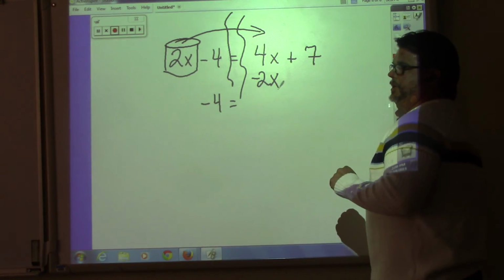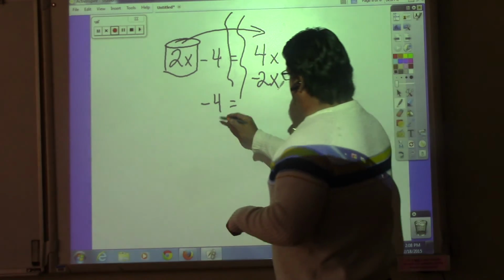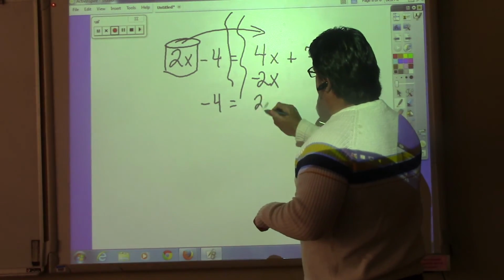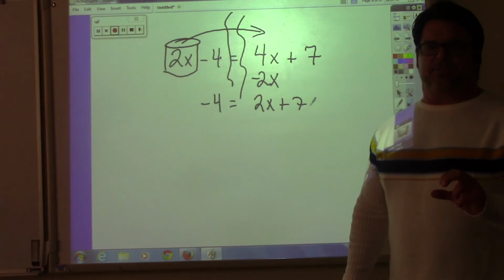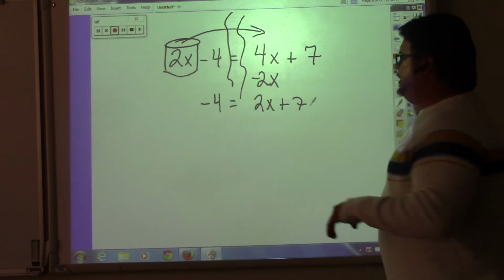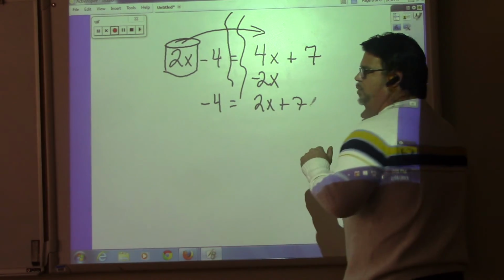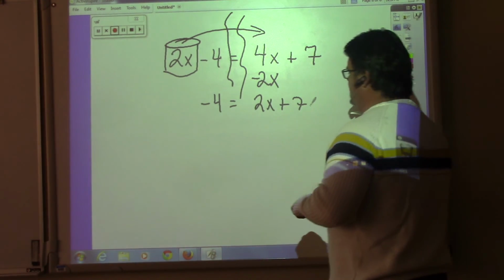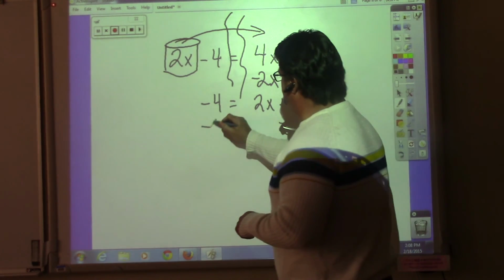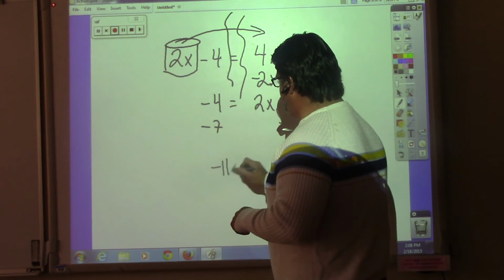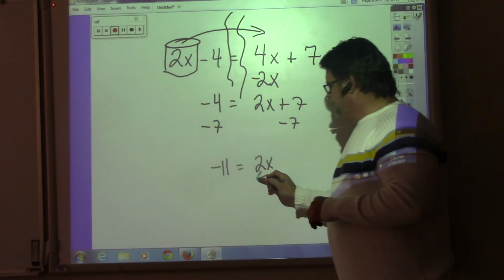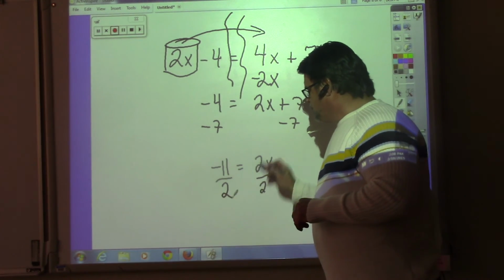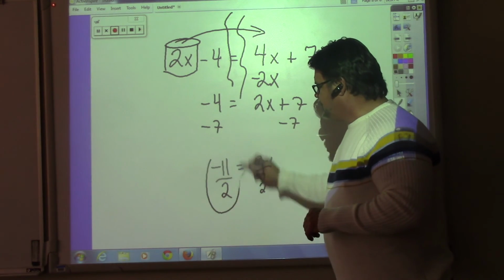You subtract 2x. So we get -4 is equal to 2x plus 7. Now we've got our variable by itself, except we've got a 2 in front of it. Now we've got the little man, 7's in the way, so get the 7 out of there. And you get -11 is equal to 2x. Now what? And x is equal to -11 halves.